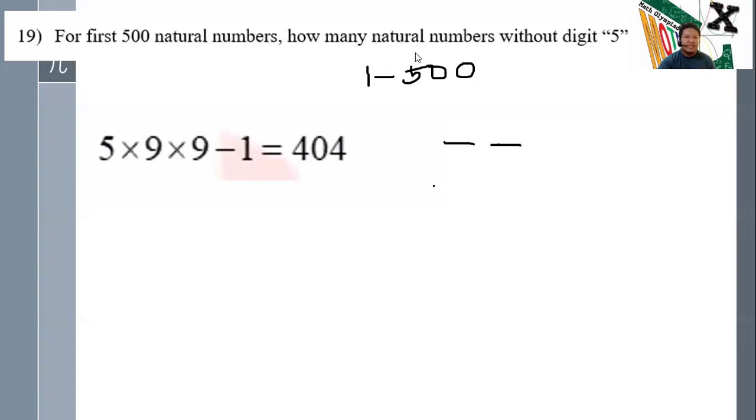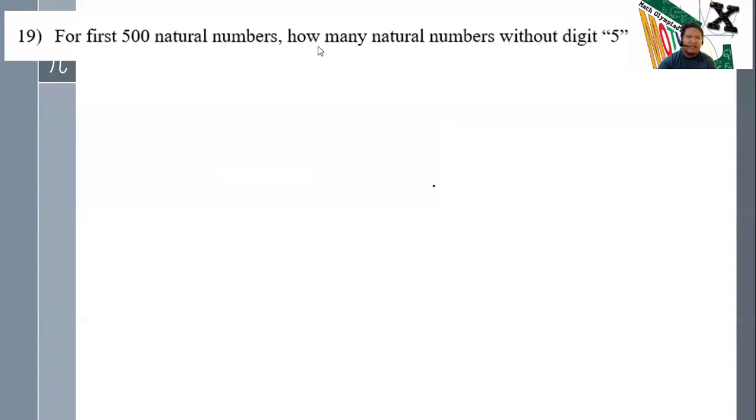To be fast, we'll treat the first 500 natural numbers as 3-digit numbers, with the hundreds, tens, and ones places, using 0 where needed. Then later we'll subtract those numbers that we cannot use for the first digit.